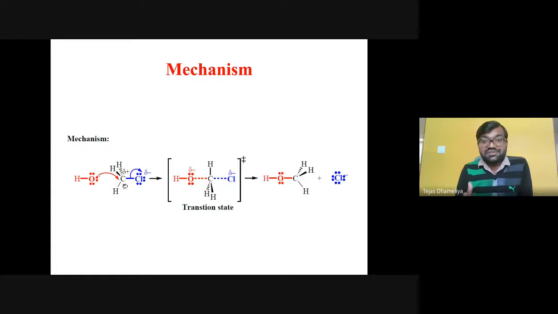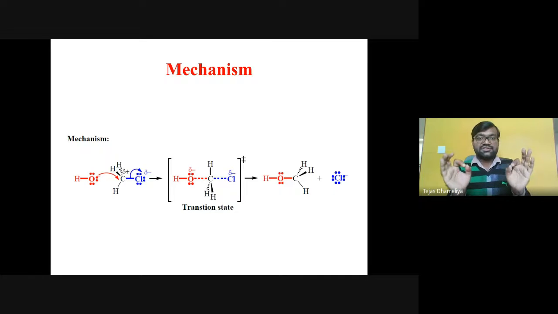How come carbon is positively charged? Because of the presence of the chloride ion. And we know that chlorine has high electronegativity.